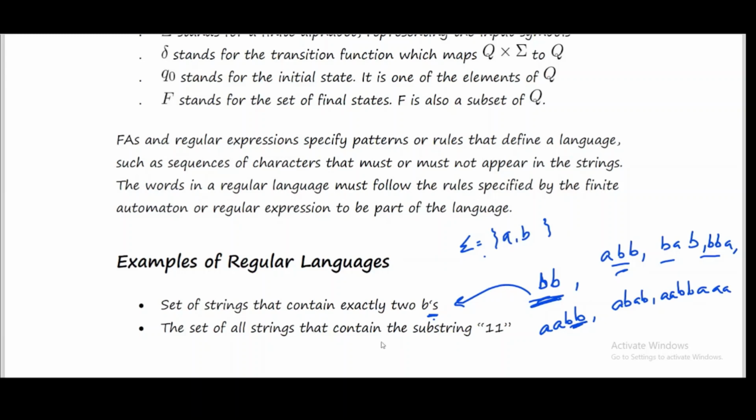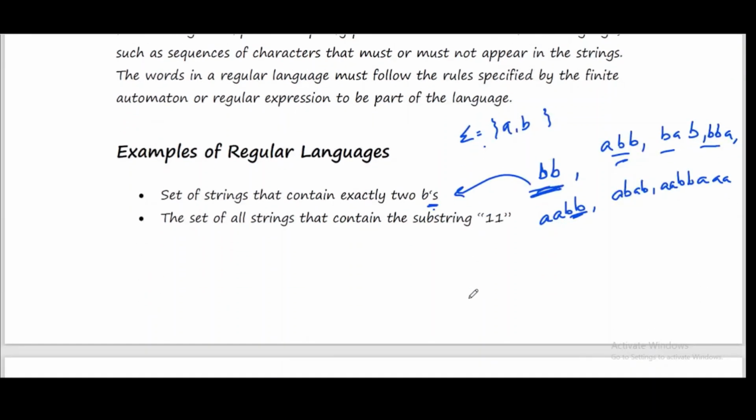Next example is the set of all strings containing the substring 11. Suppose in this language the input alphabet is 0 and 1. The strings that can be formed using 0 and 1 can be many, but here it says that it should contain the substring 11. So it can be this string only, 11, because 11 is a substring of itself. And 11 as a substring means the two 1s will be kept together.